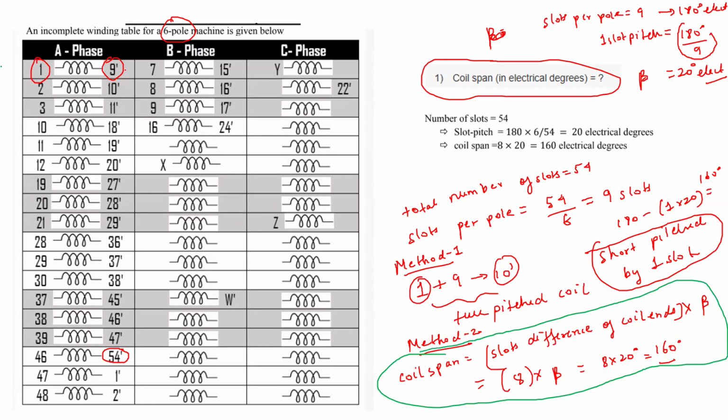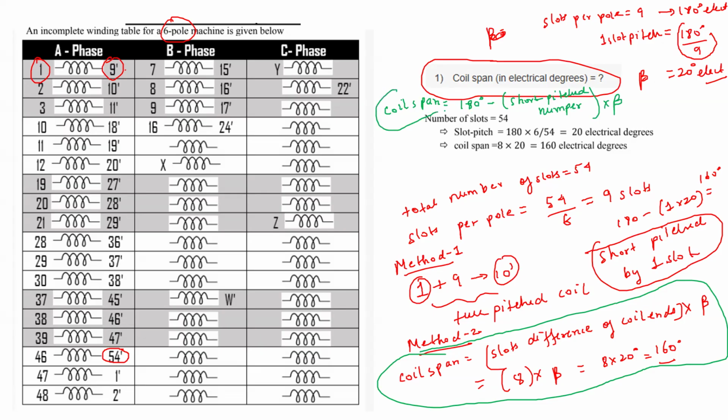Or suppose they have not given you this table. In the last assignment, they gave you that short pitched by 2 slots, like this they have mentioned, right? In that case, you can do it like this: coil span is equal to 180 degree minus short pitched number into beta.